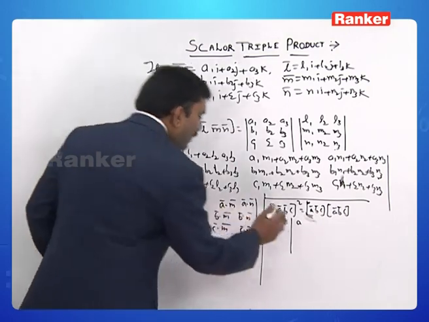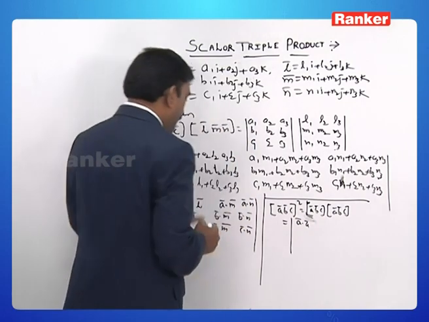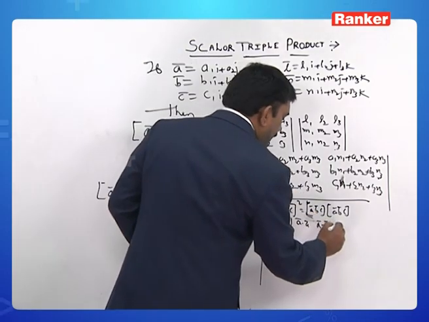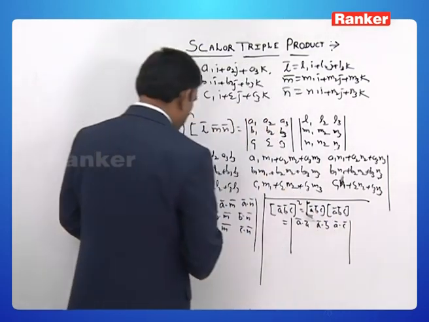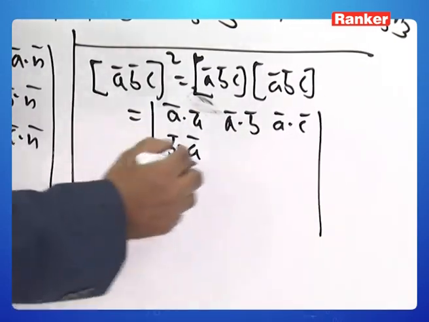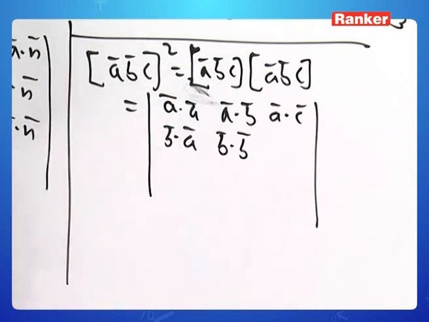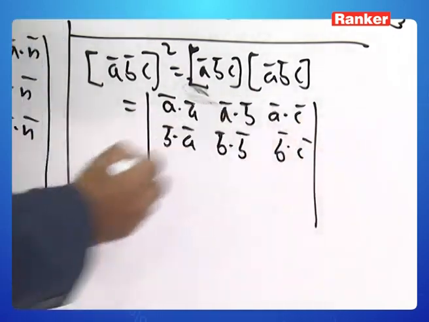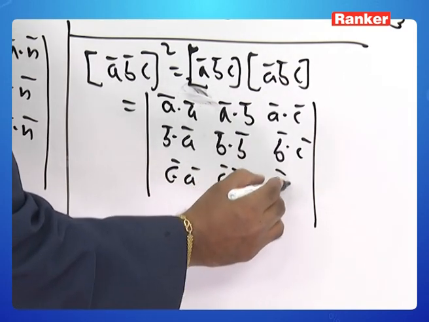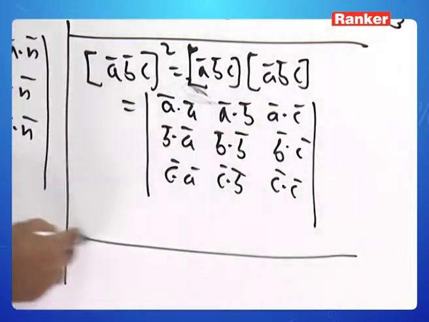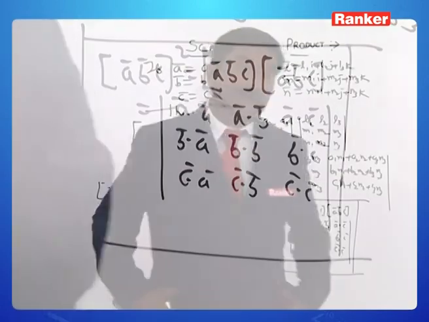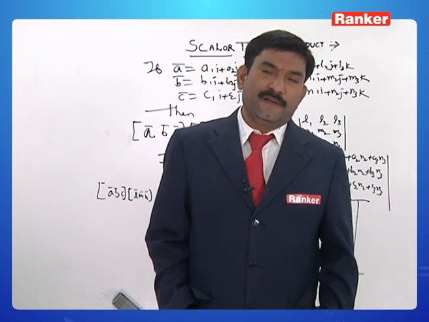So A dot A, next A dot B, next A dot C. Next, in place of A, B dot A, B dot B, B dot C, then C dot A, C dot B, C dot C. This is the value for box of ABC whole square.